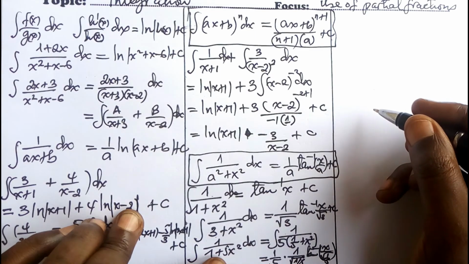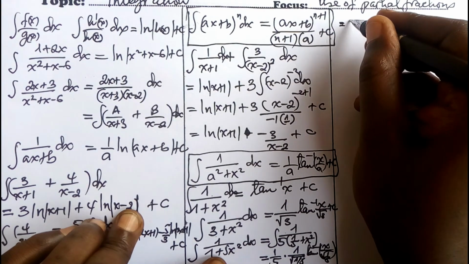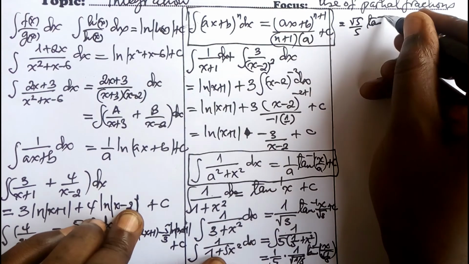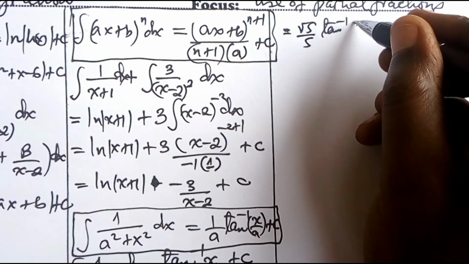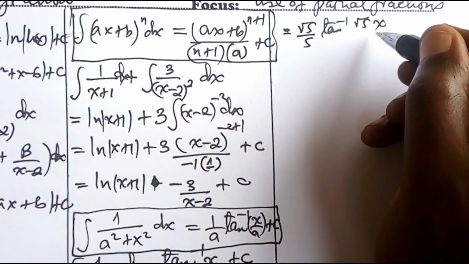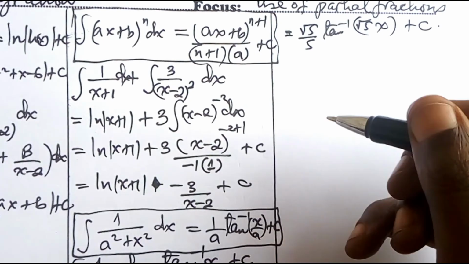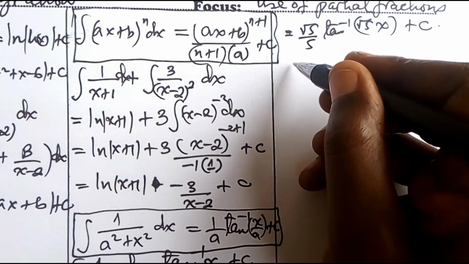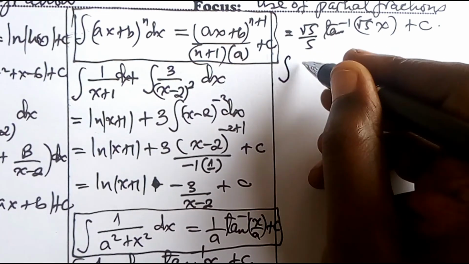Overall, I will get root of 5 over 5 tan inverse of root 5x plus c.